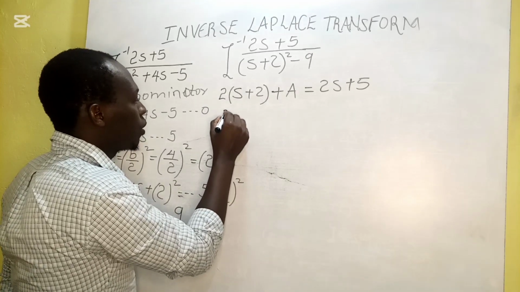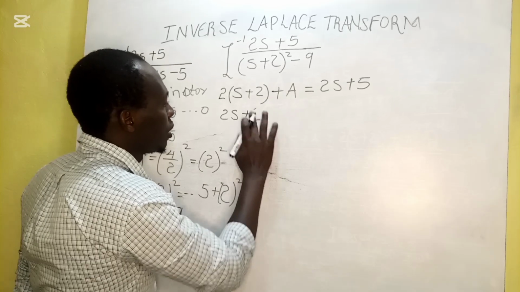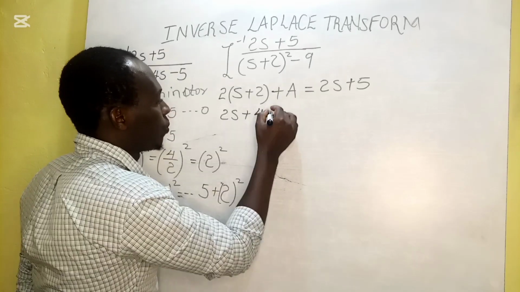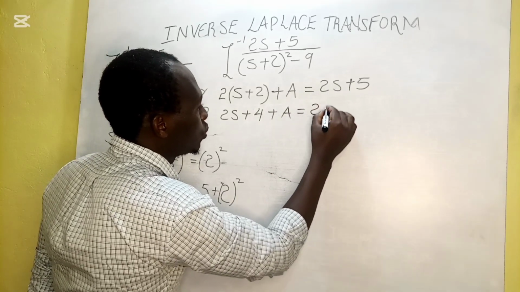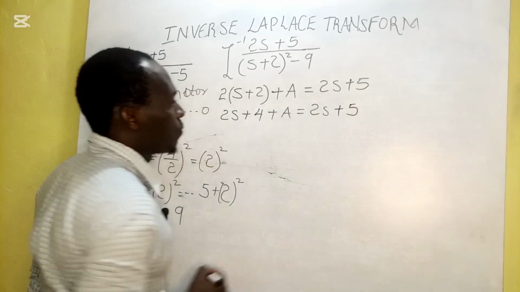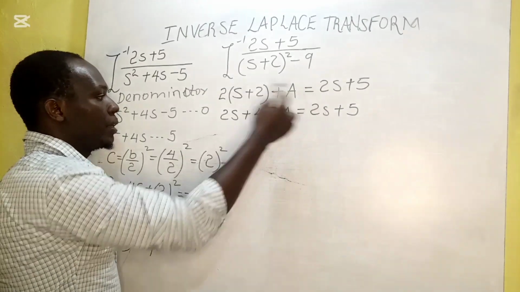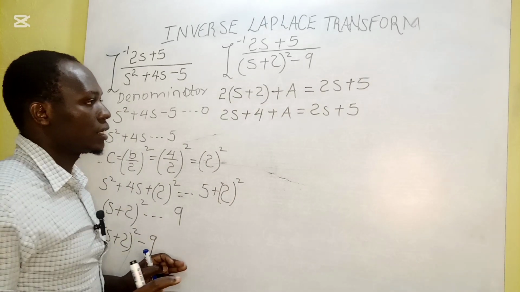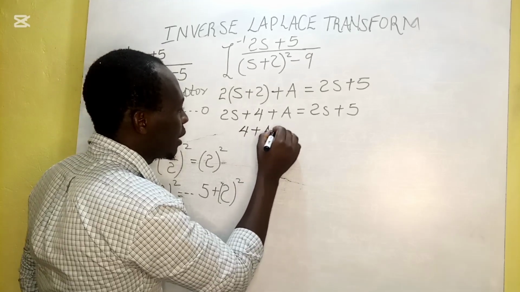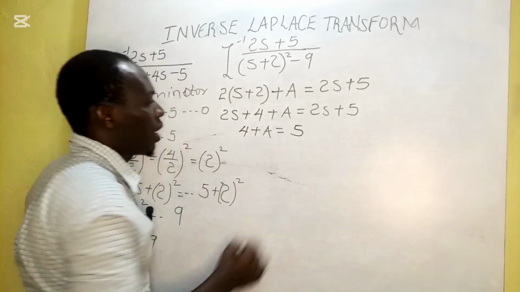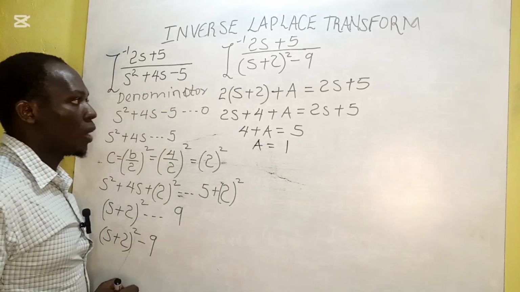Here now we are going to have 2s plus 4 plus a is equal to 2s plus 5. Here 2s is a positive. When we take it to this side, they are going to cancel out, and we are going to have 4 plus a is equal to 5. a will be equal to 1.